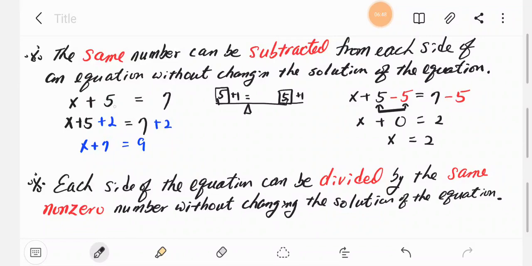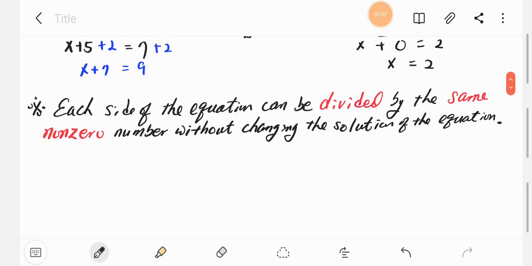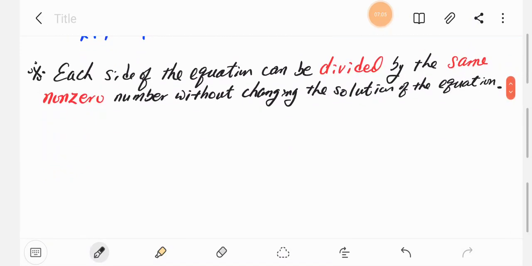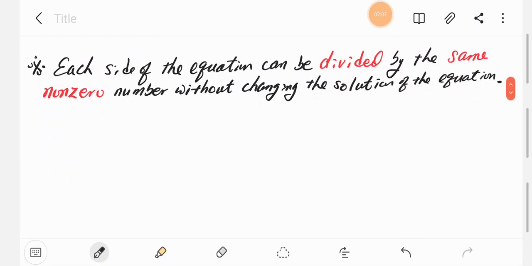You can remove 5 from the left-hand side by subtracting the same number from each side. Okay, that's this property. We will do one more exercise with it later. Now, here is 2x is equal to 6. We have an expression something like this.